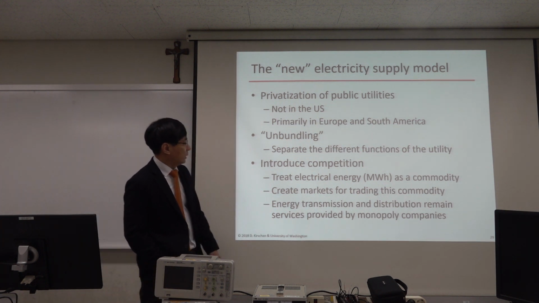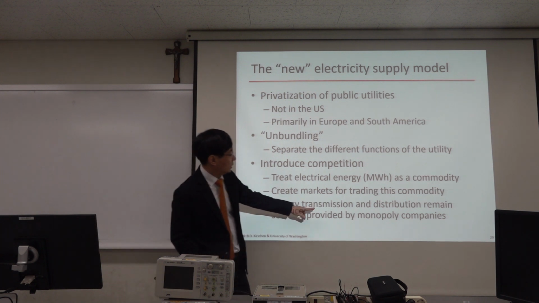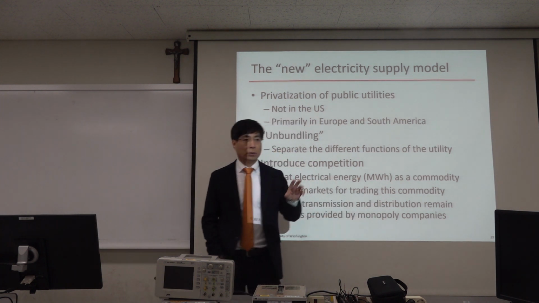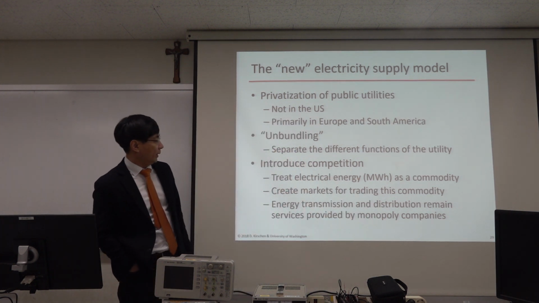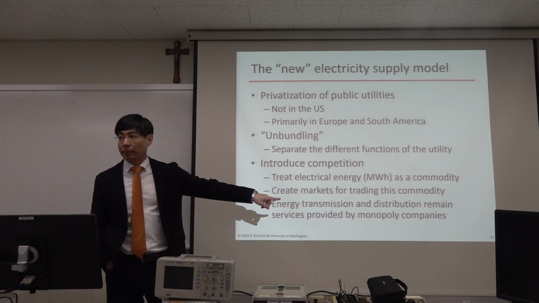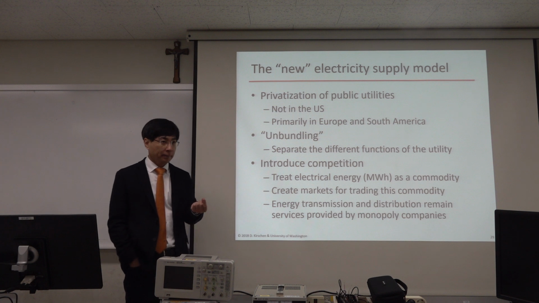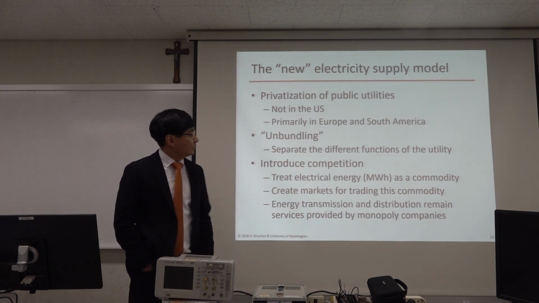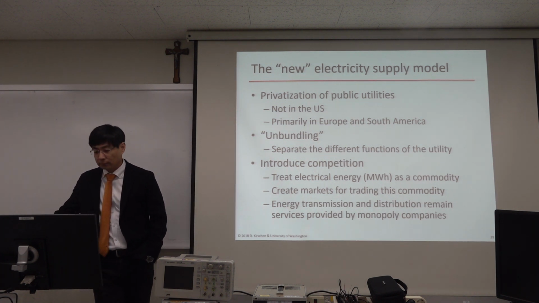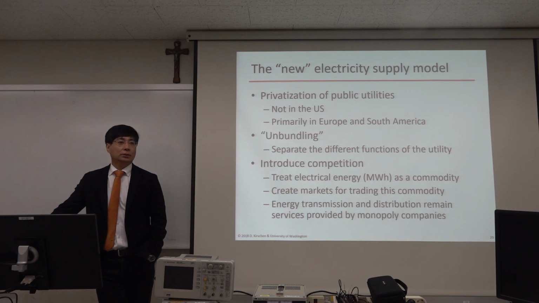So this is an interesting statement. This transmission and distribution network is managed by a monopoly company, but we can introduce a competitive market. Okay. Any questions so far? You see what I'm saying?